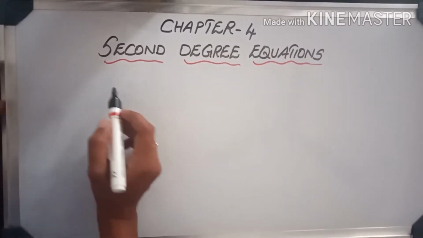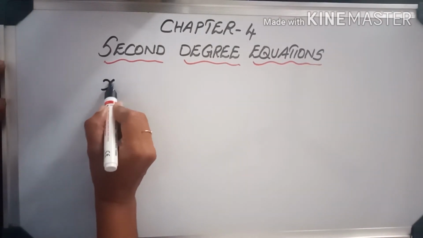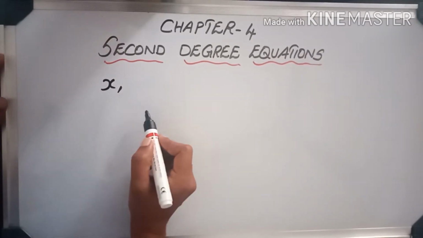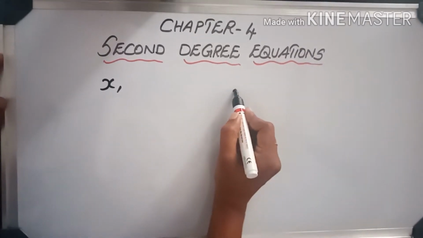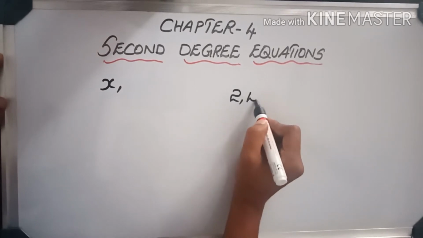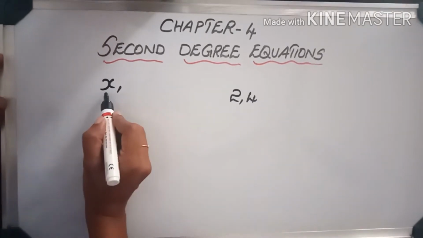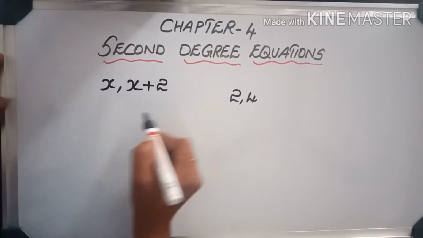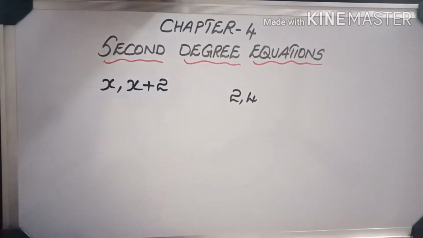So if the first number is x, an even number, consecutive even numbers. So what will the next number be? If the first even number is 2, next will be what? 4. That is 2 plus 2. So if the first number is x, the next number will be x plus 2. Okay, so let's consider these two as the consecutive even numbers.